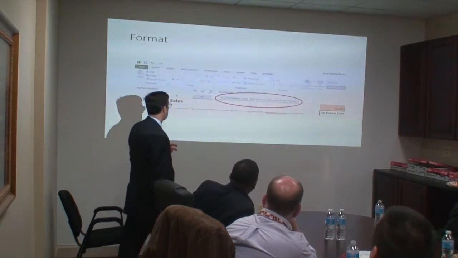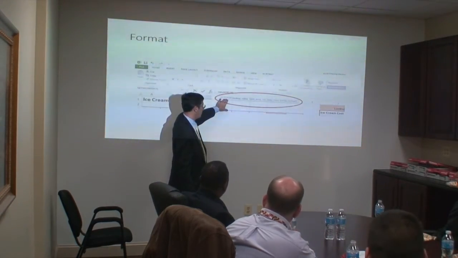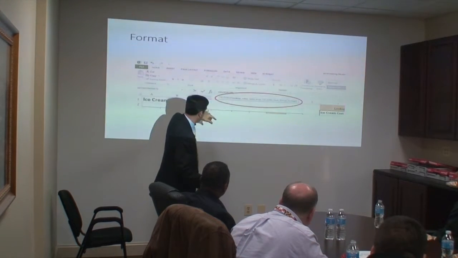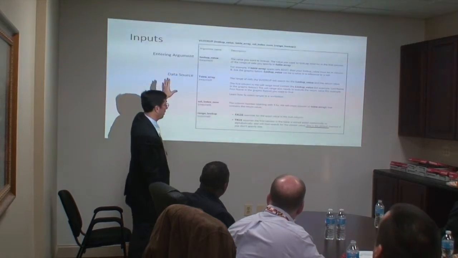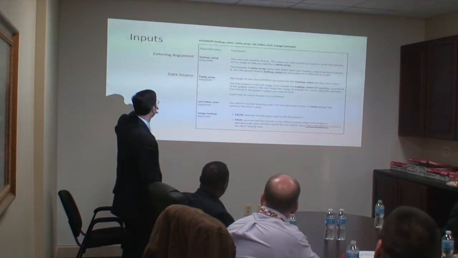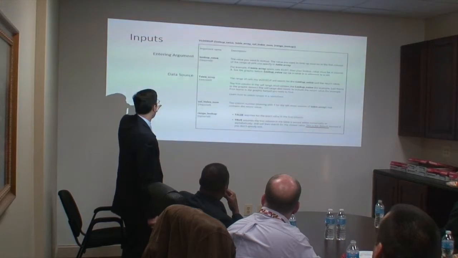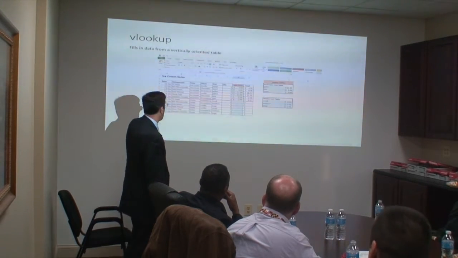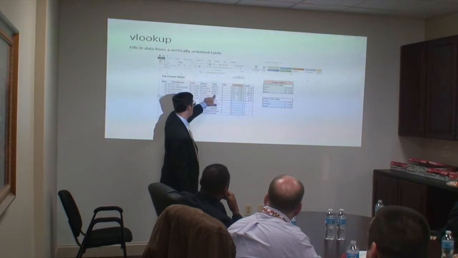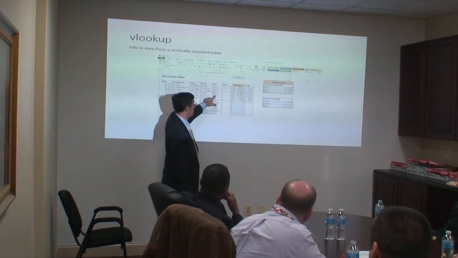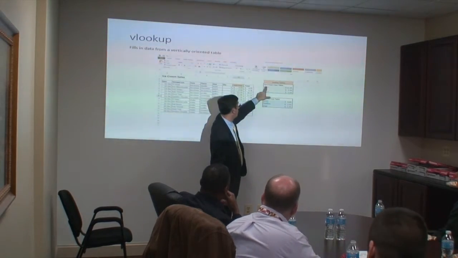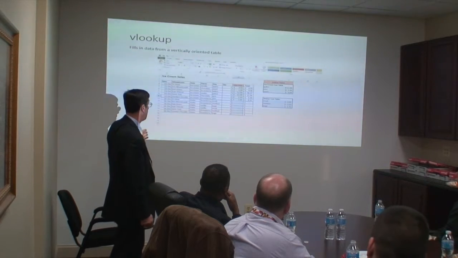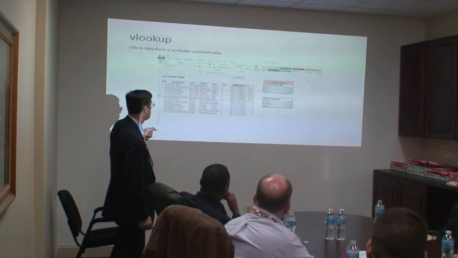You can see the VLOOKUP has a number of arguments. Actually, let me go to the next page first. This is something I pulled out of the help file. First is the lookup value, which is the entering argument. So in this instance, I'm entering the table with size to find the unit cost for that size item.